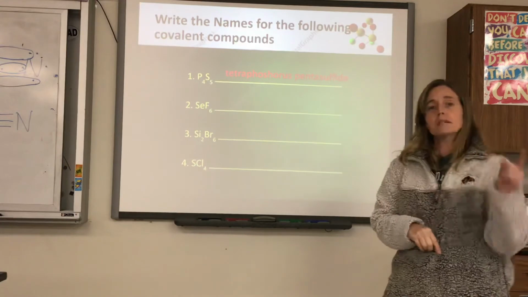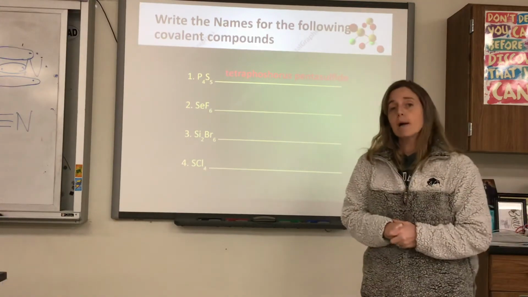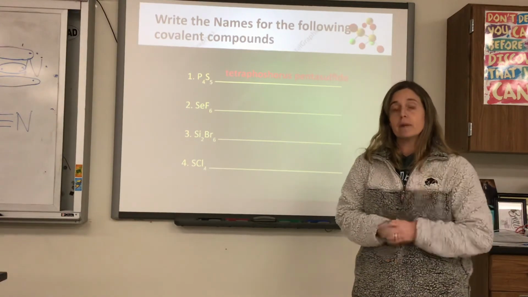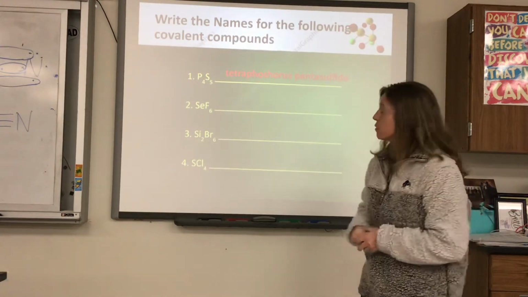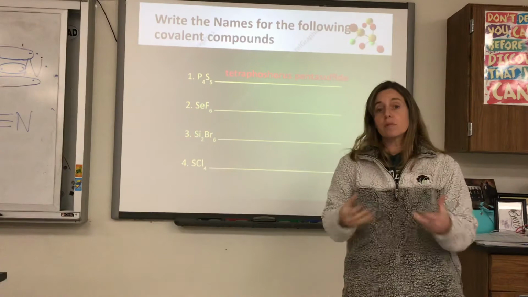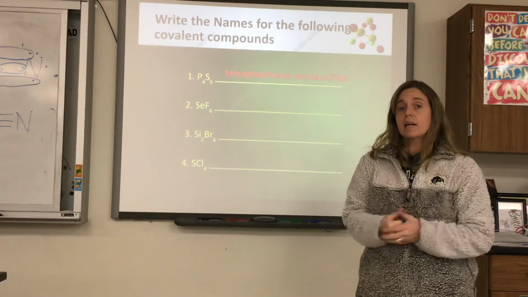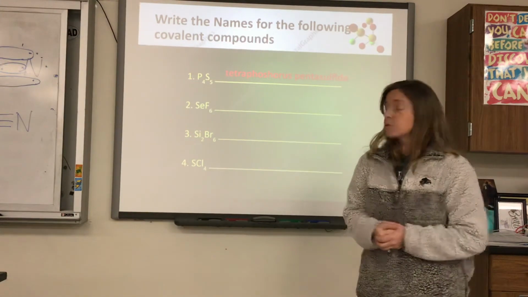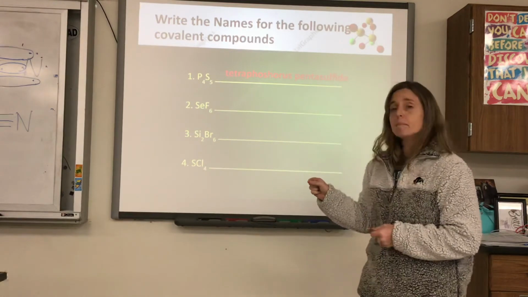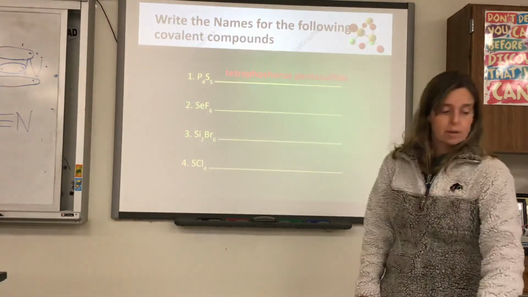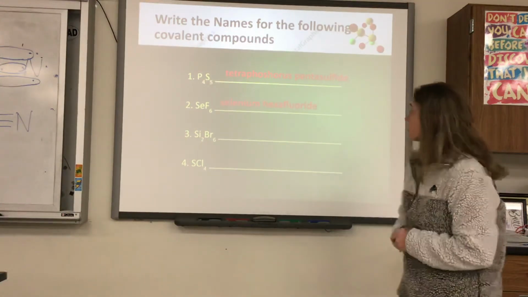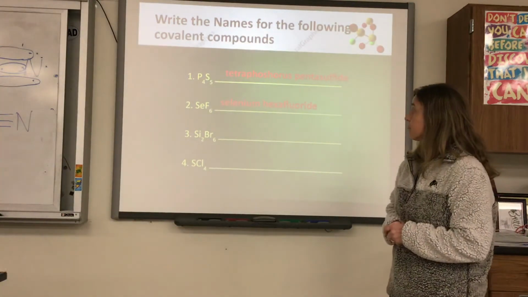Now the next one is selenium. Remember, 1 means mono, but you don't write mono on the first element. So this would just be selenium, okay? Then there's a 6 on the F, which is fluorine. Remember, the second element gets changed to -ide. So this is going to be selenium hexafluoride, okay?